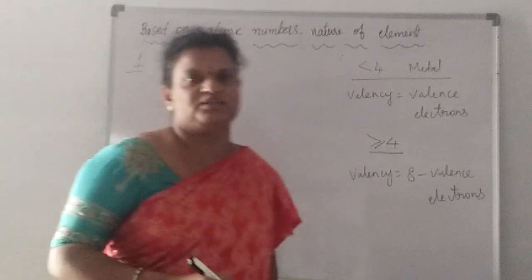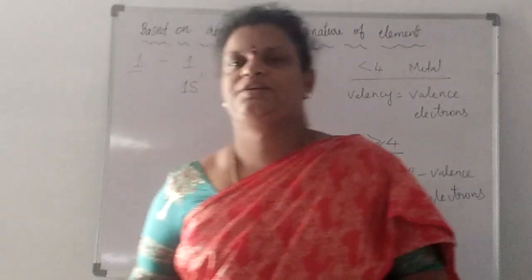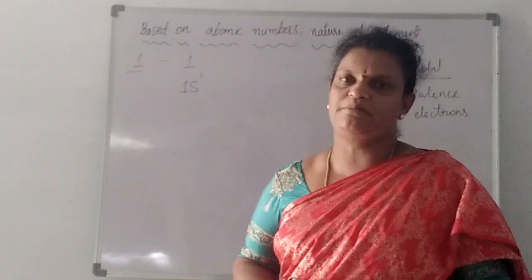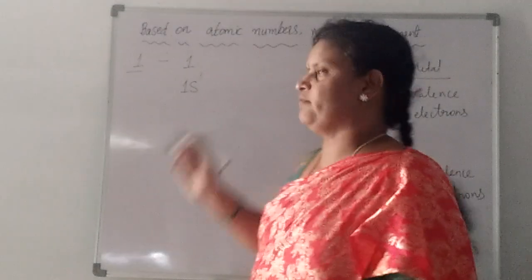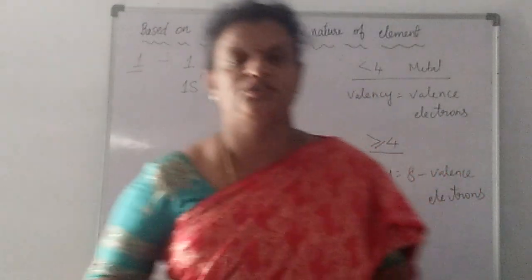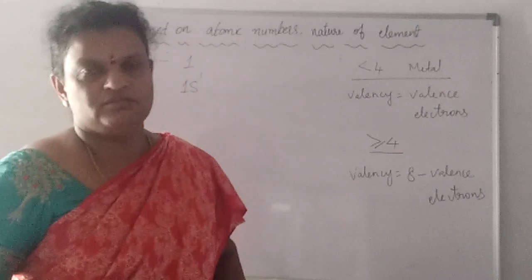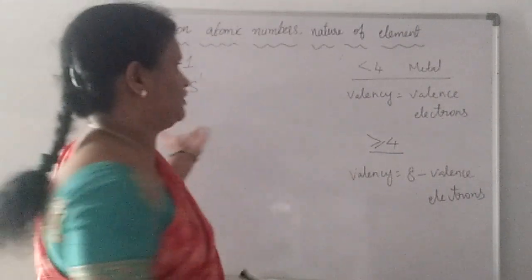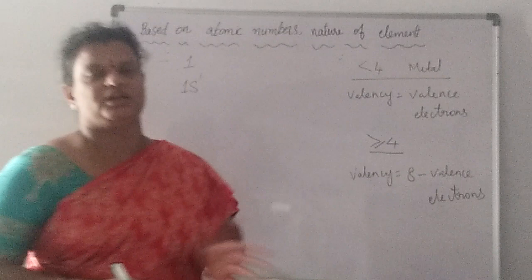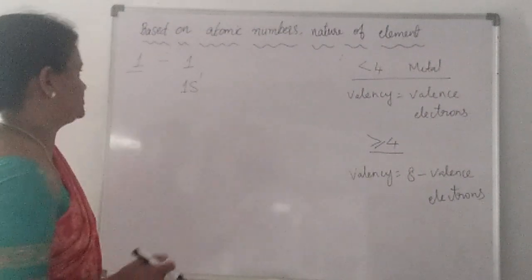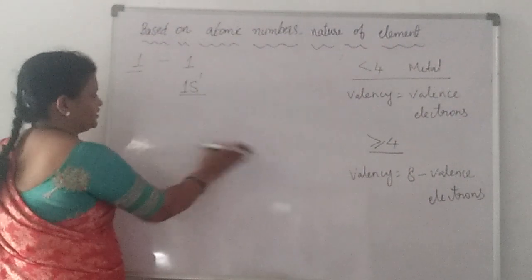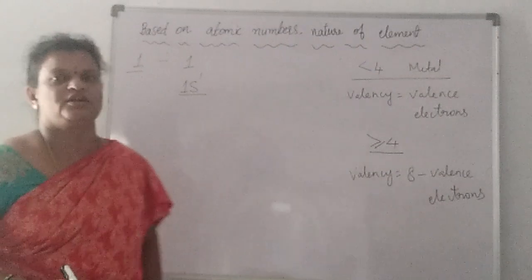Before, we discussed that if valence electrons are less than 4, it should compulsorily be a metal. But here we have an exceptional case, hydrogen. Though it has only one electron in the ultimate shell, because only one shell is there, that becomes both the innermost and the outermost shell. So this number of electrons suggests metallic nature, but it is not a metal.